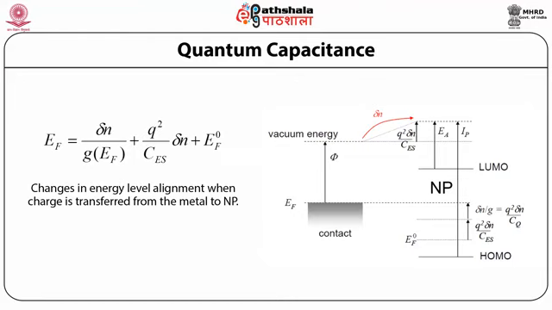So this figure shows the changes in the energy level alignment when charge is transferred from the metal to the nanoparticle.